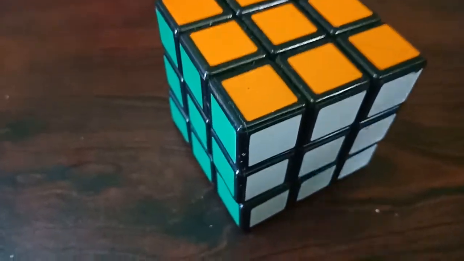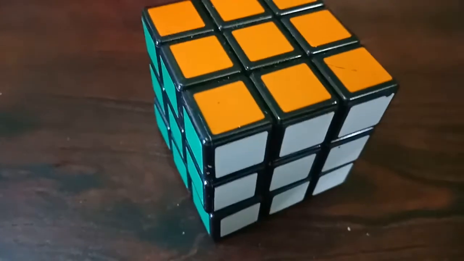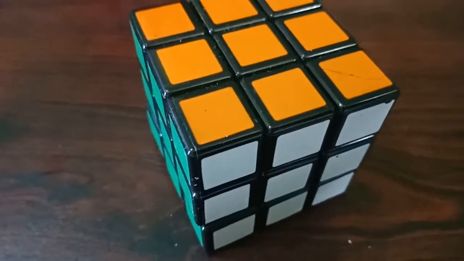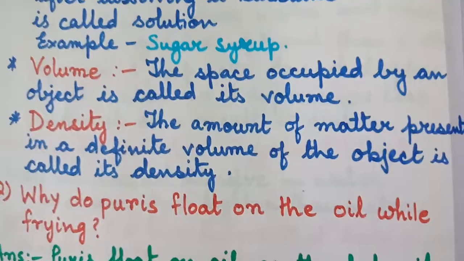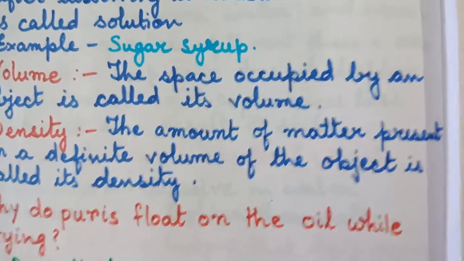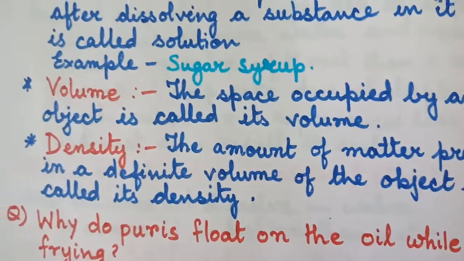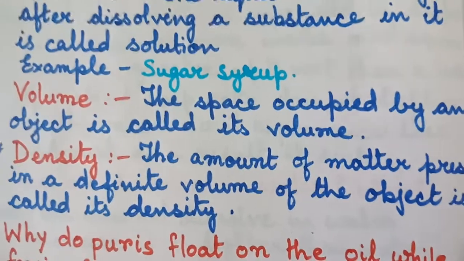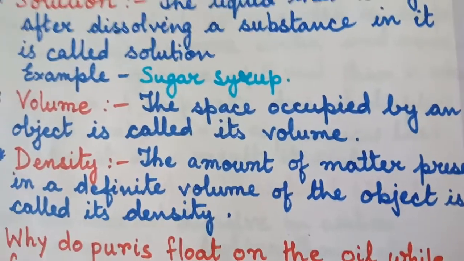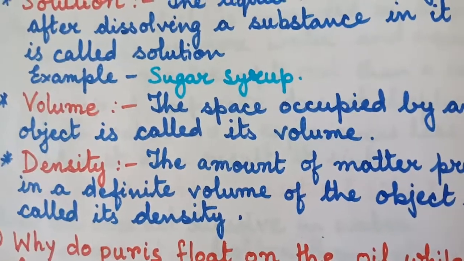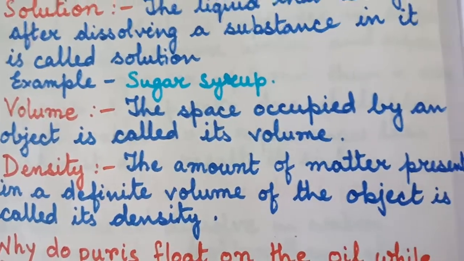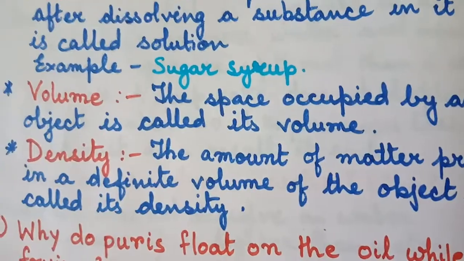The space occupied by this cube is its volume. Density. The amount of matter present in a definite volume of the object is called its density.